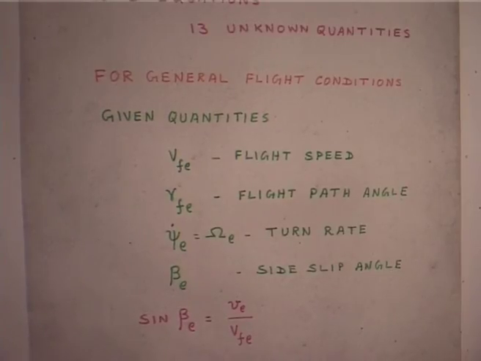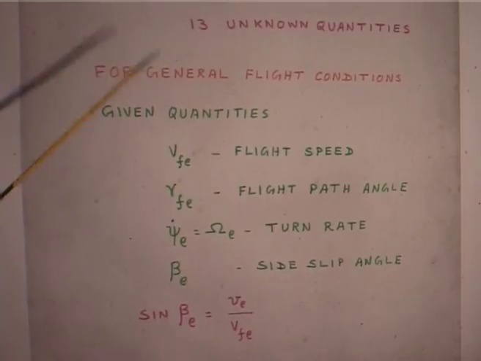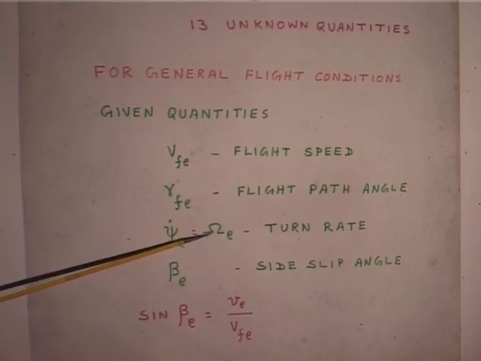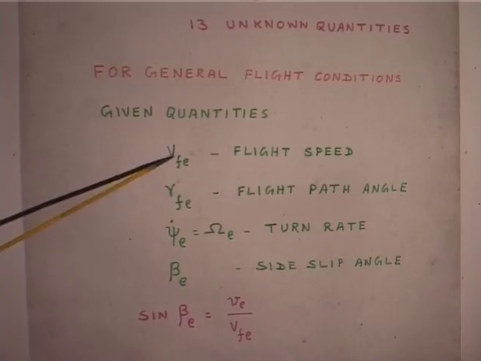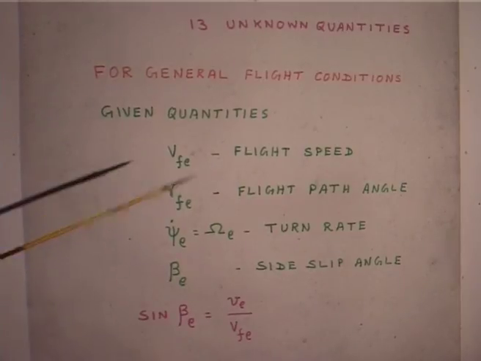The definition for side slip angle: sin beta is VE by VFE. Please understand, now the quantities which are mentioned there are different from, except this. This is different, this is different. I do not have VFE defined there. You follow? I do not have gamma FE defined there.